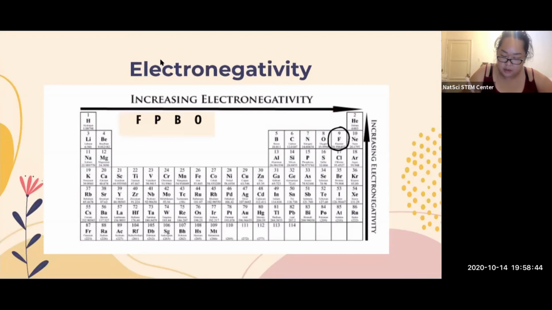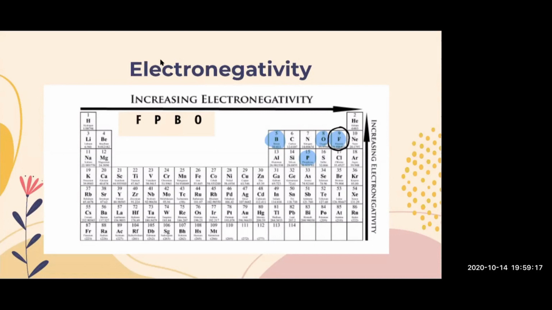How would you rank these in electronegativity? We have fluorine, phosphorus, boron, and oxygen. Which one would be the least electronegative?